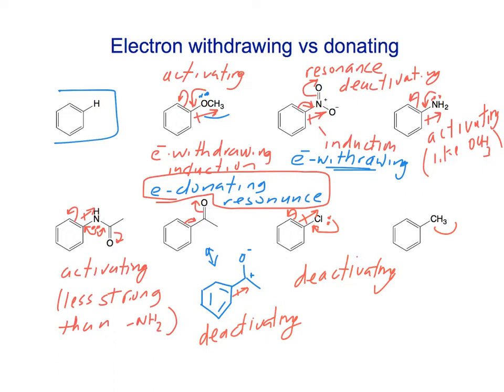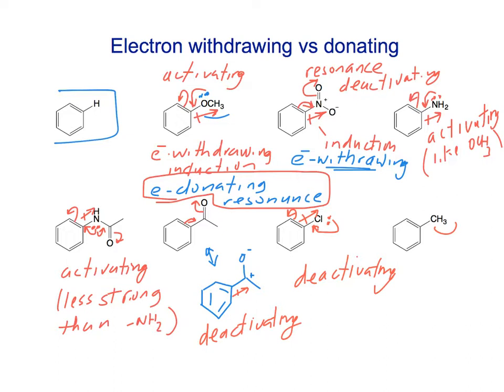right? By adding alkyl groups around a carbocation, does that make it more stable or less stable? More stable, right? If we have a carbocation, is it going to be more stable if we donate electrons to it, or if we try to pull electrons away from it? Donating to a cation makes it more stable, all right?